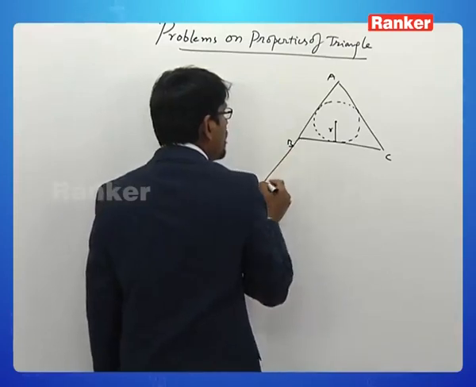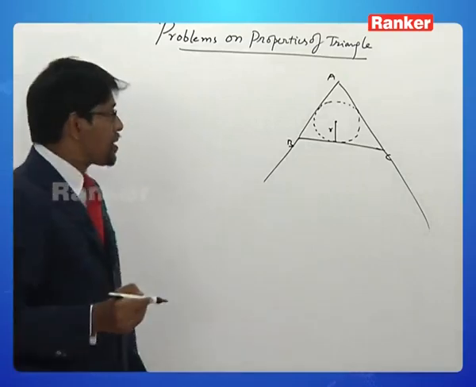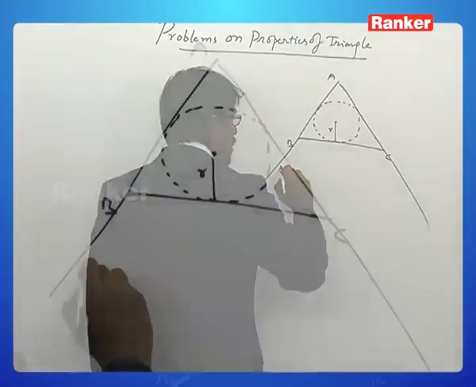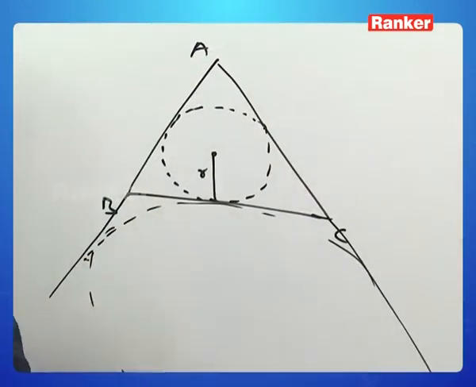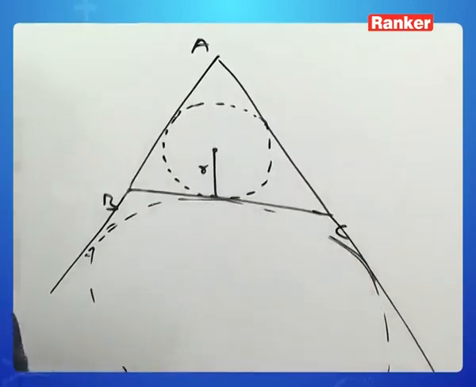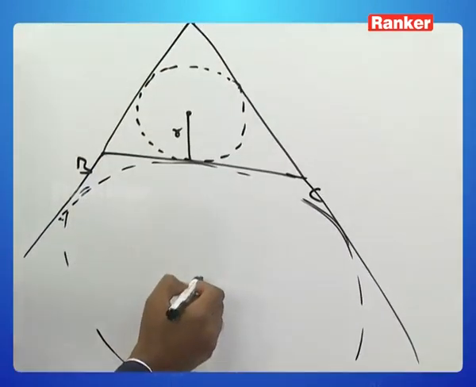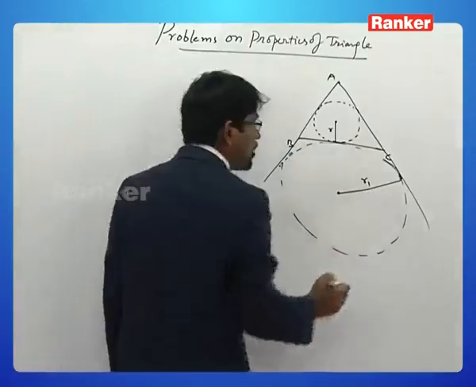You have three ascribed circles, that is, circles touching all the sides of ABC but externally. This is the ascribed circle opposite to the vertex A. The radius of this circle is R1.